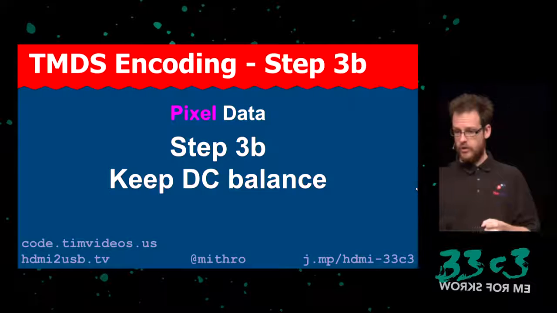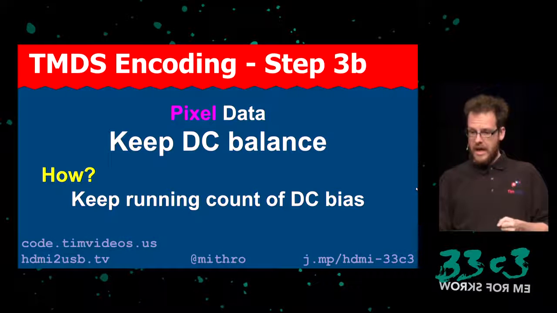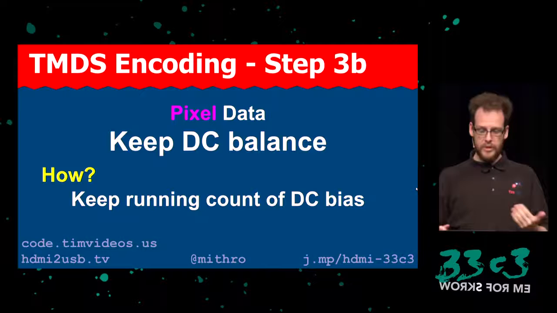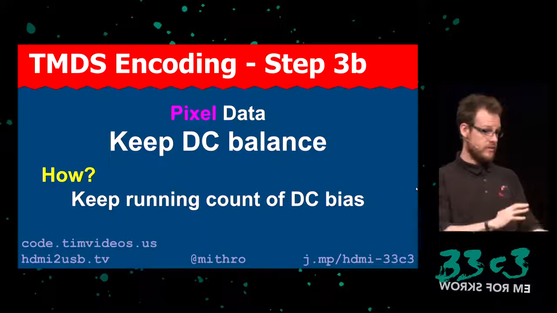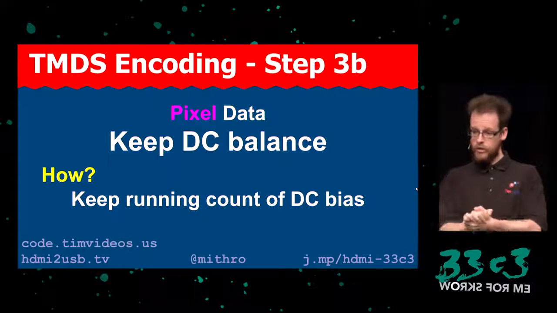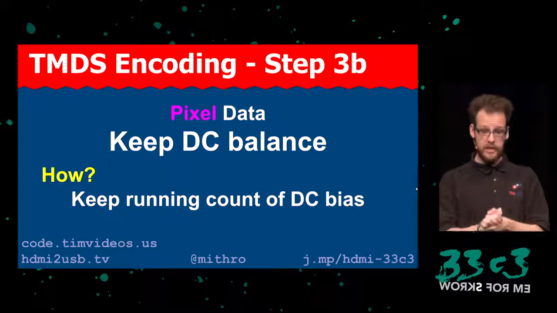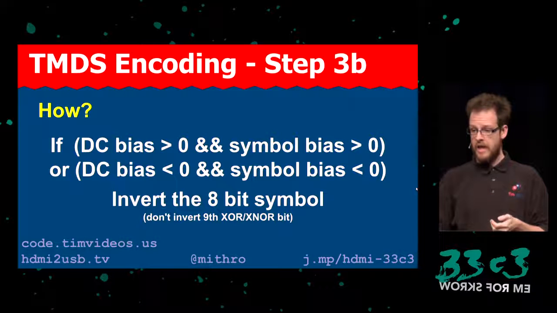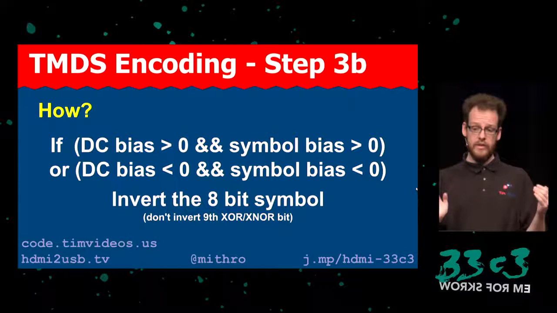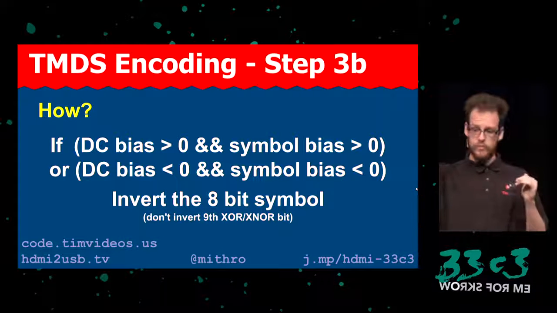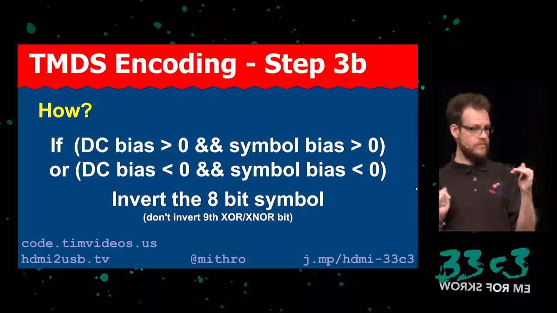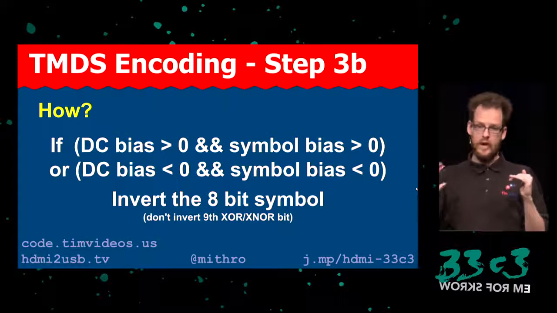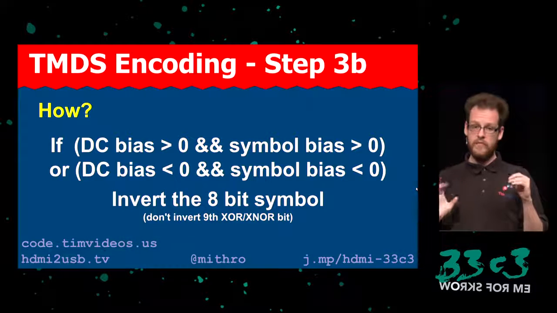We need to keep the channel DC balanced, as I explained earlier. And how can we do that? Because our pixels aren't guaranteed to have a 0 DC bias like our control symbols do. We do it by keeping a running count of the DC bias we have. And then if we have a positive DC bias and the symbol is also positively biased, we invert it. Or if we have a negative DC bias and the symbol has a negative DC bias, we invert it.